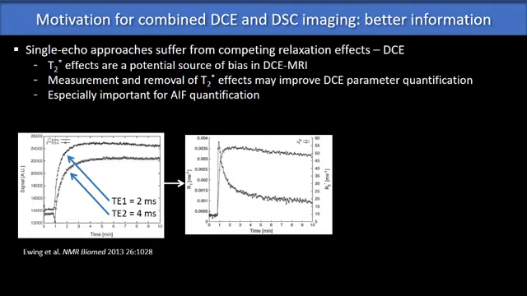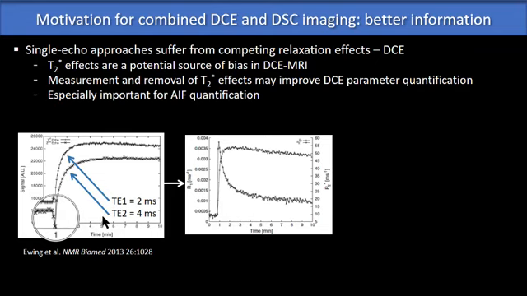So to go more deeply into what I mean by better information, it's known that single echo approaches suffer from competing relaxation effects. So in DCE, we're typically talking about T2 star dephasing effects as a potential source of bias. So in this paper, they showed that at a 4 millisecond echo time, they see the characteristic susceptibility-induced signal drop.